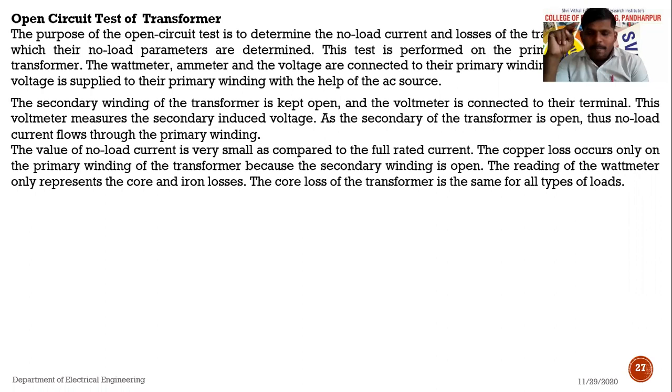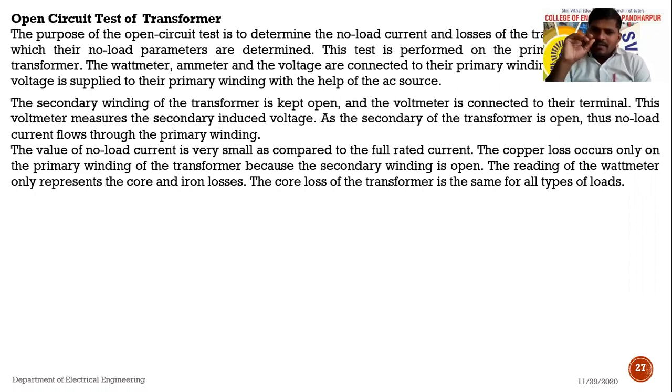So as I have told, when the transformer is on no load condition, or when we are conducting the OC test, the current taken from the supply is only to overcome the no load losses. That means the power taken from the supply is only to overcome the no load losses.